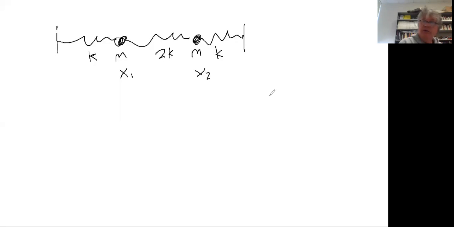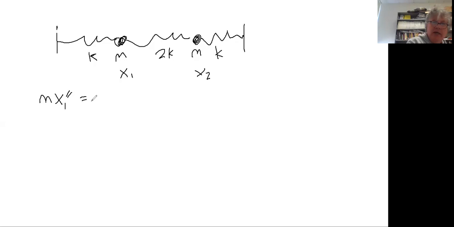Okay, and then question 12 from 4.1, we had the spring set up. So we've got two masses connected by 3 springs. And so we want to see what the forces acting on the first mass are. Well, the force is going to be, of course, m x1 double prime. And what forces are acting on that?